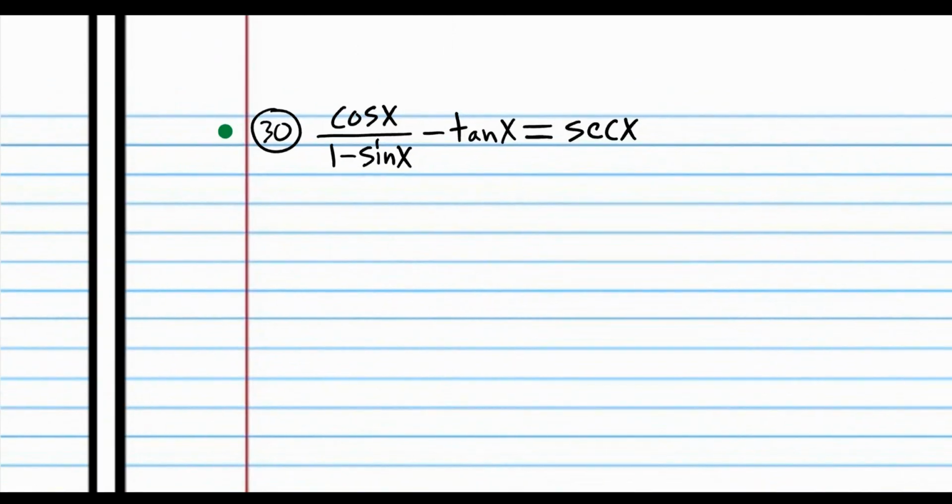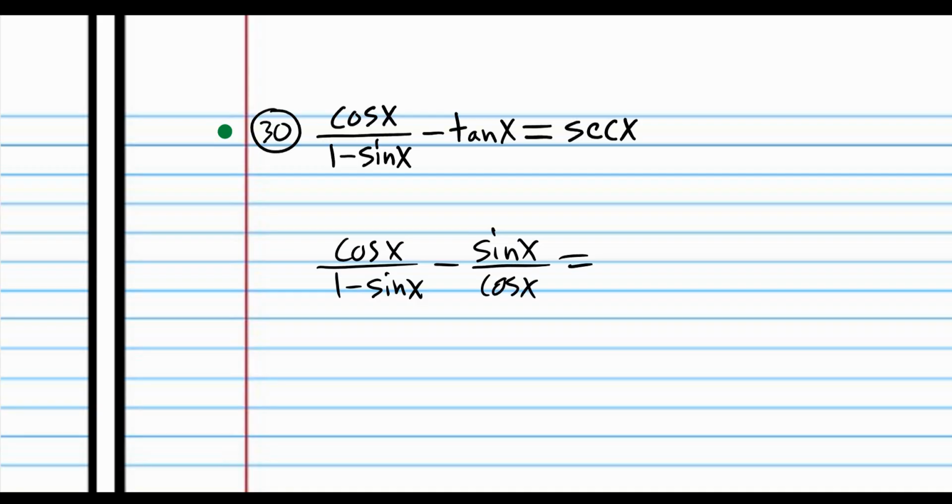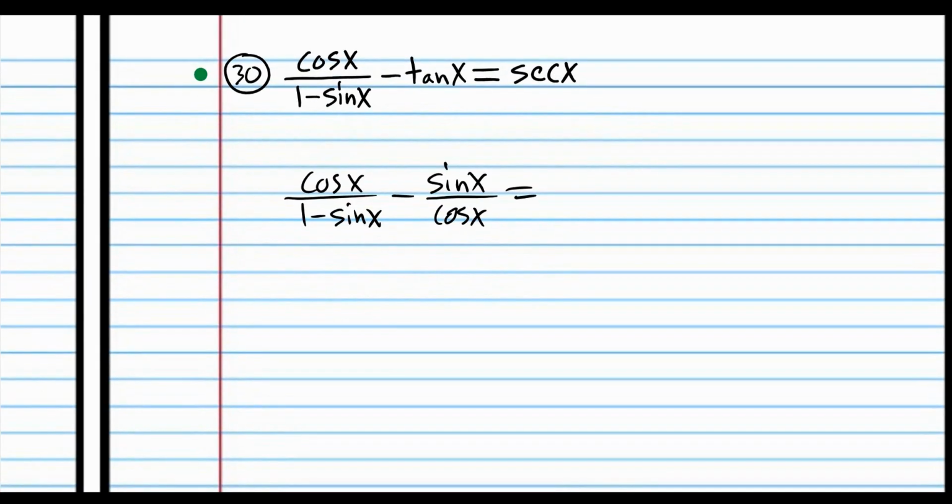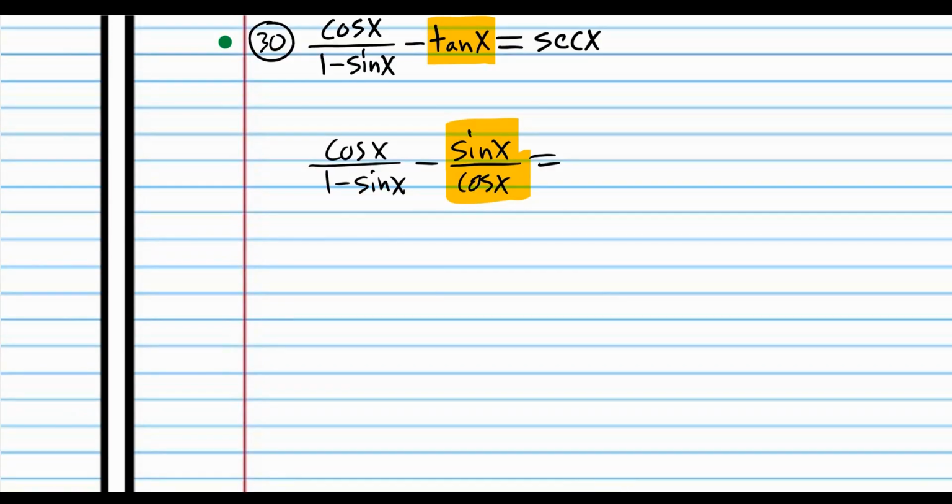Okay, we're back. So I'm going to change tangent to sine over cosine. That was a ratio identity. And now I'm going to multiply both sides of the fraction on the left.